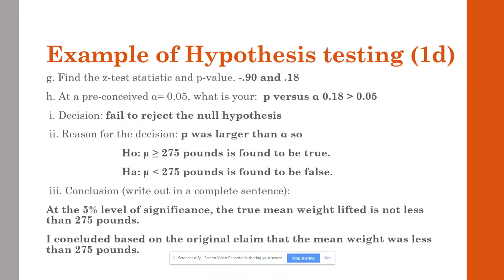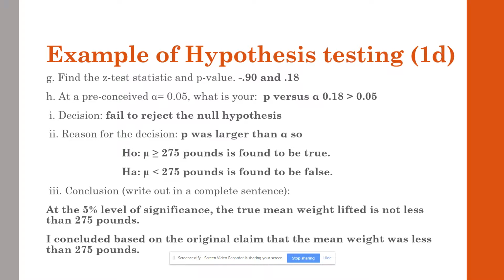So my null, where the mean is greater than or equal to 275 pounds, is found to be true. On the flip side of that, my alternative, the mean is less than 275, is found to be false. So for my conclusion, at the 5% level of significance, the true mean weight lifted is not less than 275 pounds.